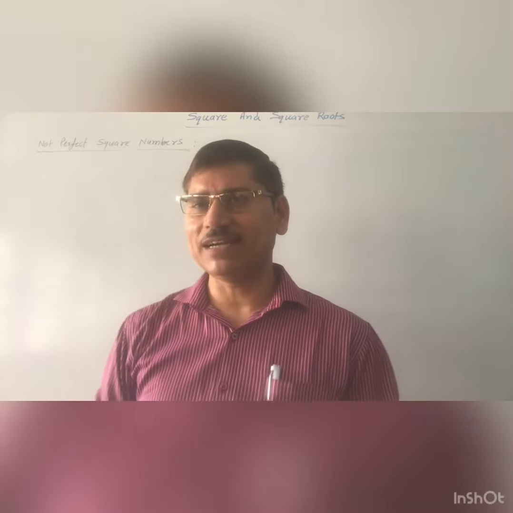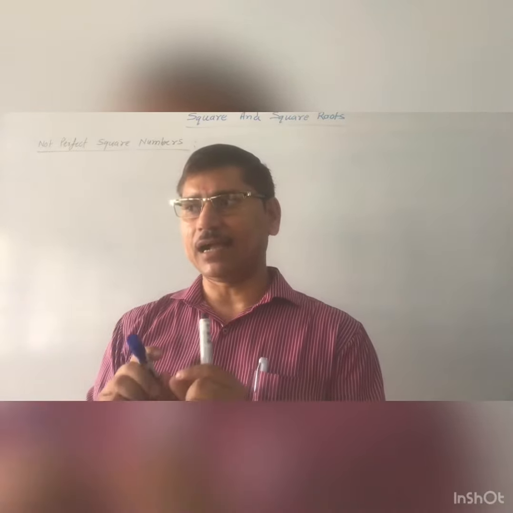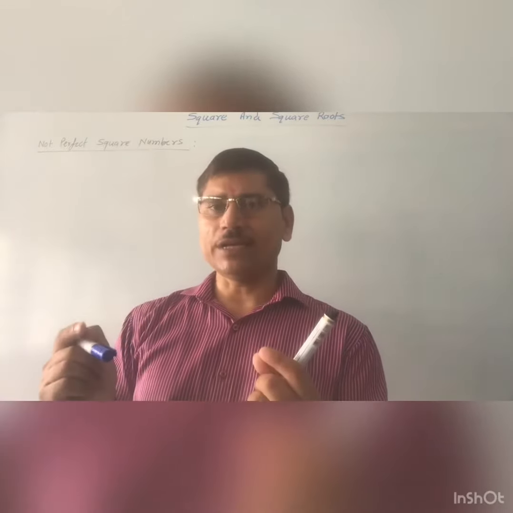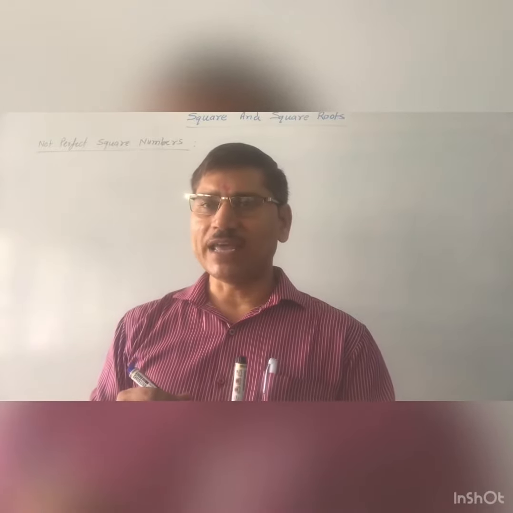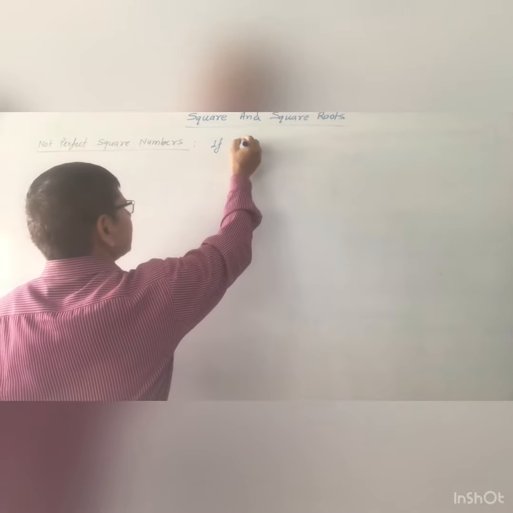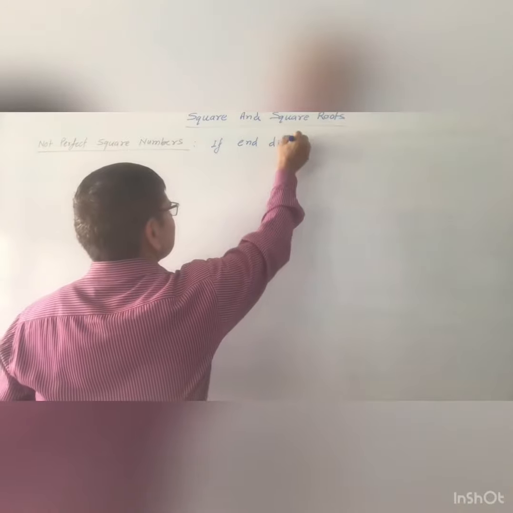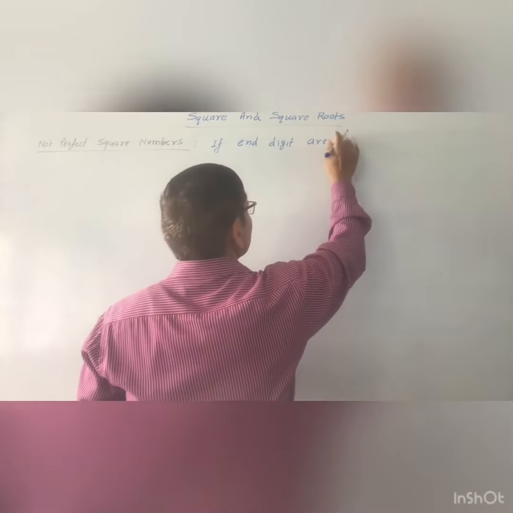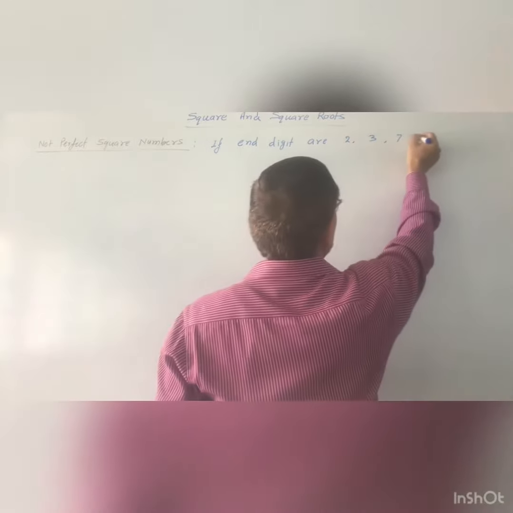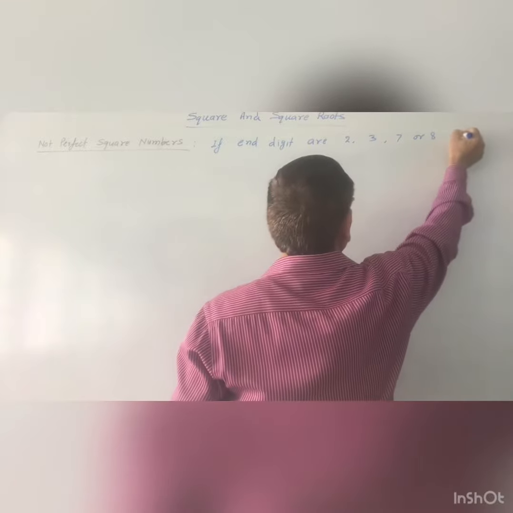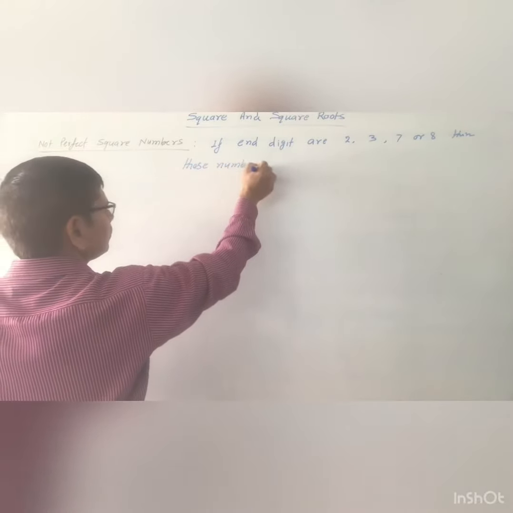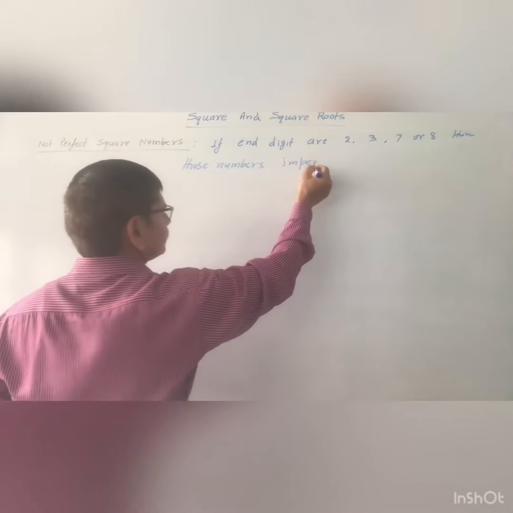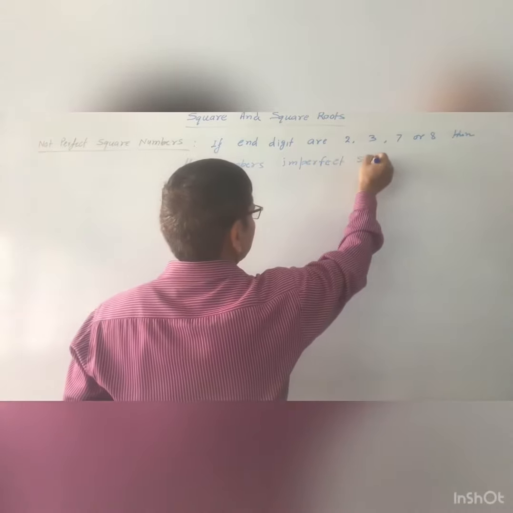Not perfect square number means if the end digits are 2, 3, 7 or 8, then those numbers are known as imperfect square numbers.